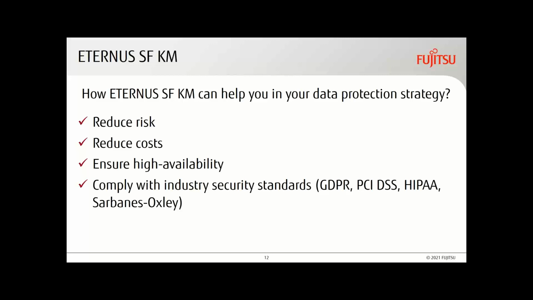Ensure high availability. Like I already explained, you can create 2-node solutions with replication between the nodes. And if one of the servers fails or there is some kind of disaster or network error, you can still access your encrypted resources using a spare KM server or clone KM server.